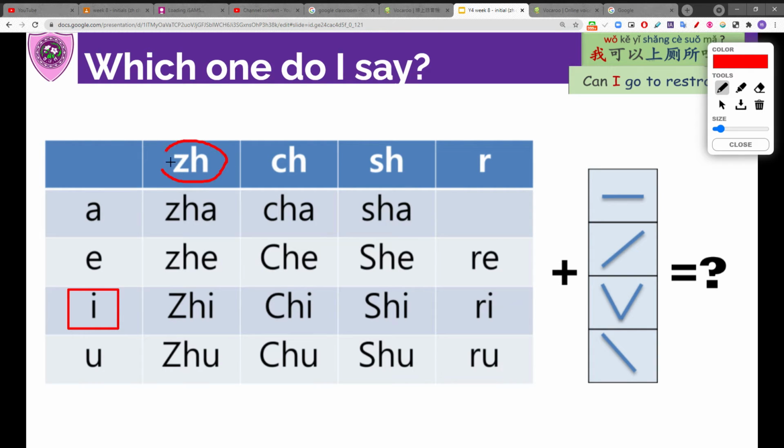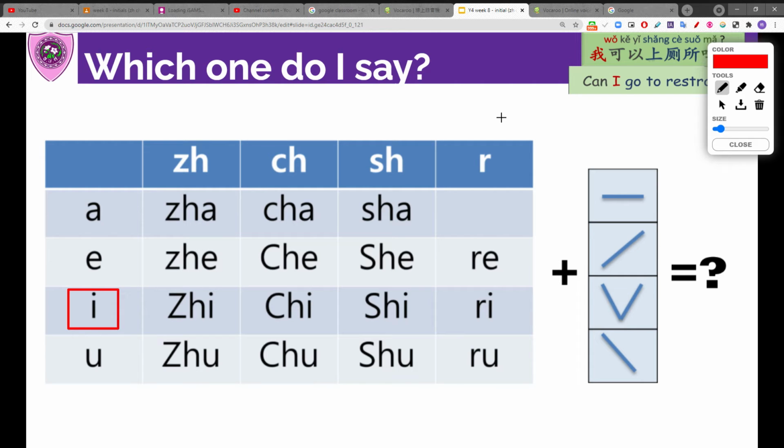So it should be this group here, with the final i, so it should be the whole syllable. So the answer is this one. But which tone is this? 这 is the fourth tone. Do you have it correctly? 这, like this.